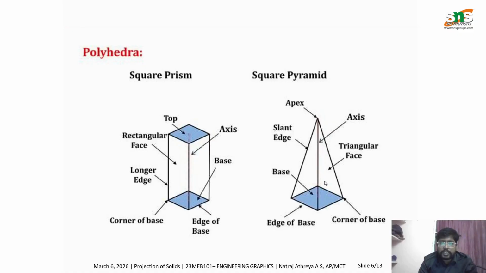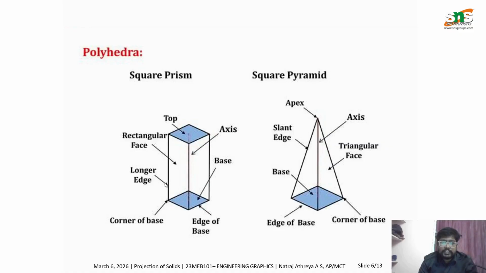When we come to the square pyramid, we have the same base, the corners, and the edges. But what changes here is that we have an apex, and if we draw a line from the center of our base, it will meet at the axis. All of these will converge towards the axis, so the edges will slant.